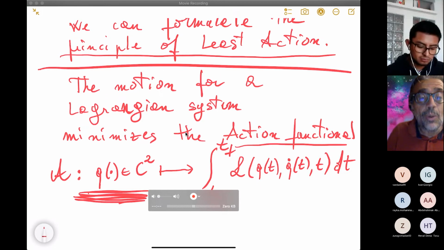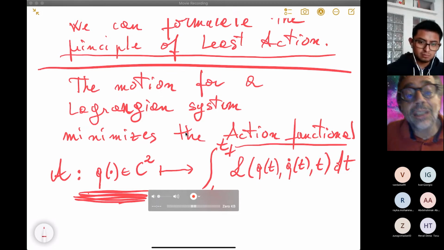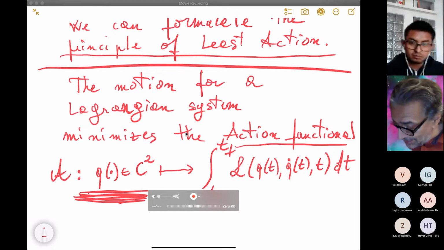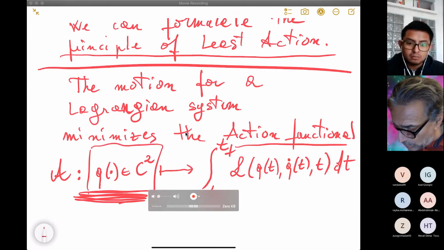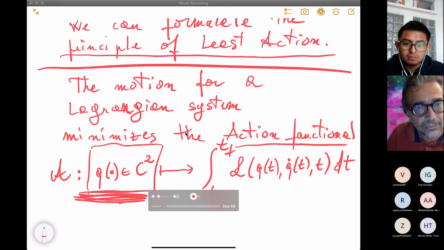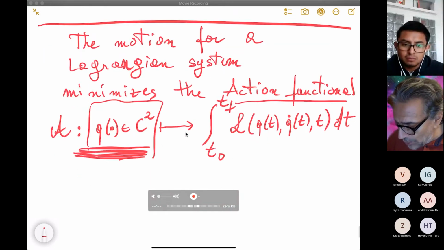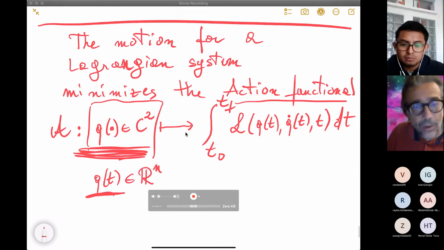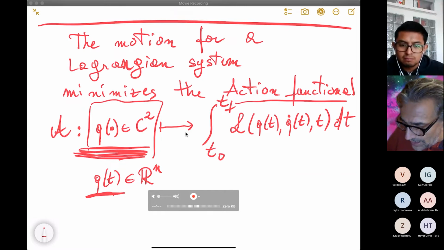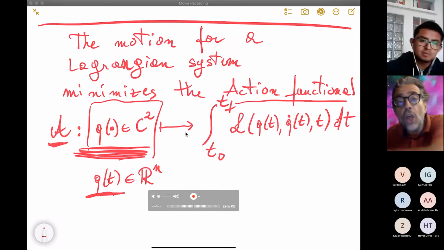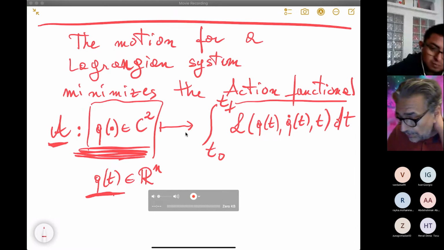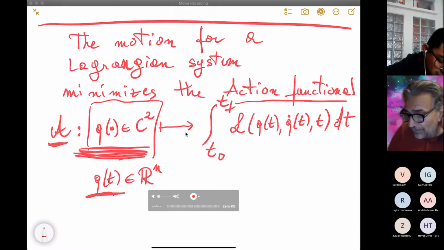It is a function which maps functions into real numbers. The reason for which I wrote q with the dot inside is that I don't want to make you believe that this is an element of Rn, q of t, a configuration at the instant t. I wrote q with the dot inside to mean that the action functional depends on the whole function q in the whole interval t0, t final.